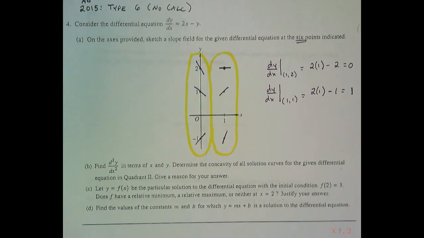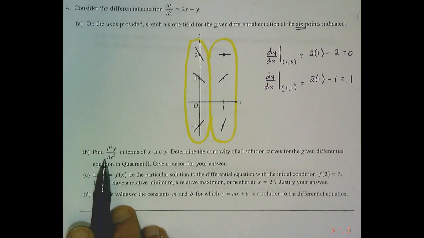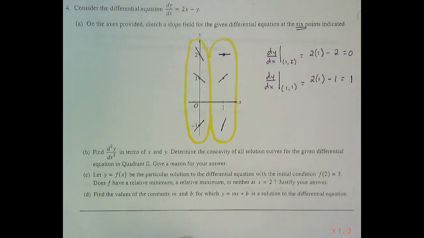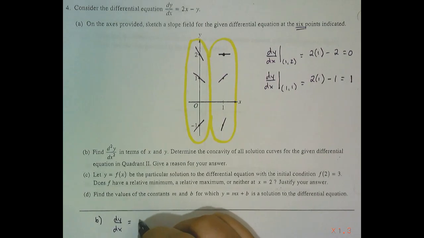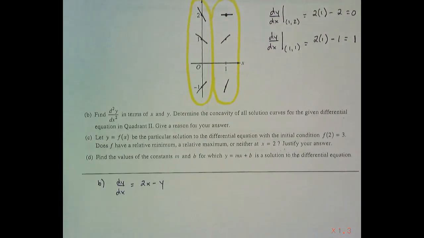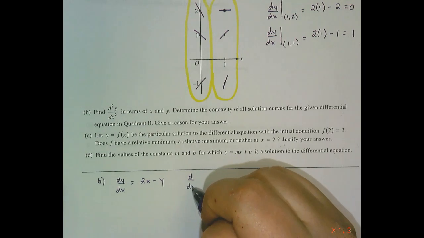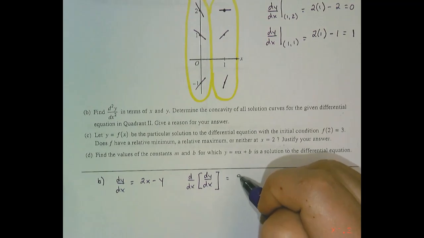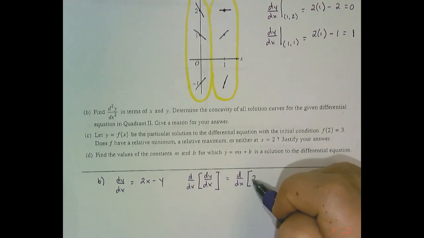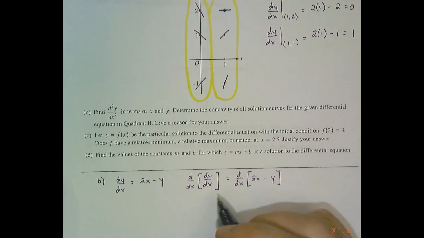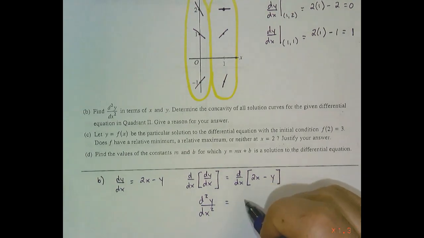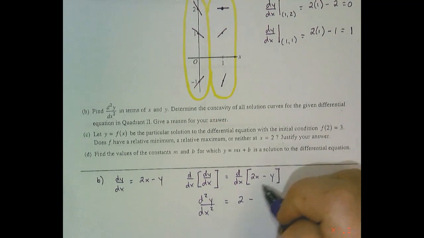Let's look at part B. Find the second derivative in terms of x and y, then determine the concavity. So right off the bat, we're going to find the second derivative. The way we do that is by taking the derivative of both sides. If I take the derivative of the left-hand side and the derivative of the right-hand side, I'm going to get the second derivative is equal to 2 minus the derivative of y with respect to x.